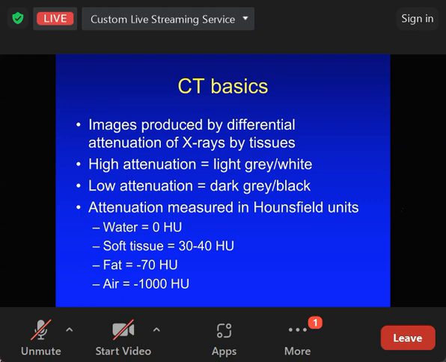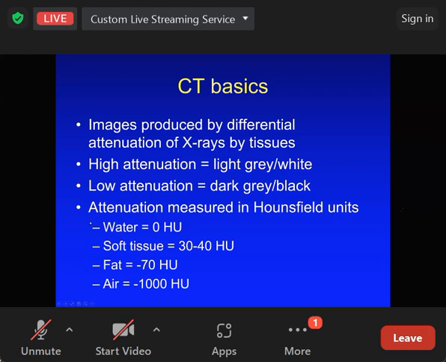And then each square is given a value depending on how much that square attenuates the X-ray beam. So high attenuation, or a lot of absorption of X-rays, we code on the image as light grey or white. Low attenuation, or not much absorption, such as air, is dark grey or black.